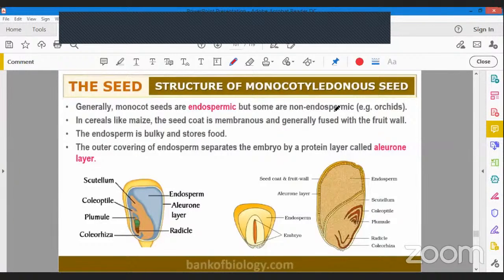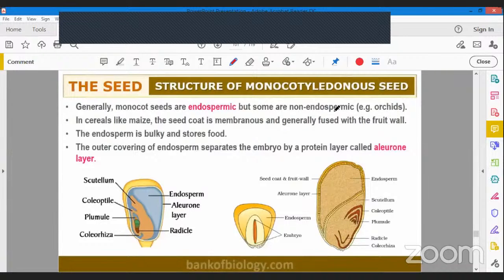Then cereals like maize, the seed coat is membranous and generally fused with the fruit wall. The endosperm is bulky and stores food. That is why the majority of the millets and grains that we eat are all endospermic. Example: rice, ragi, wheat, jowar, corn, all these have endosperm.